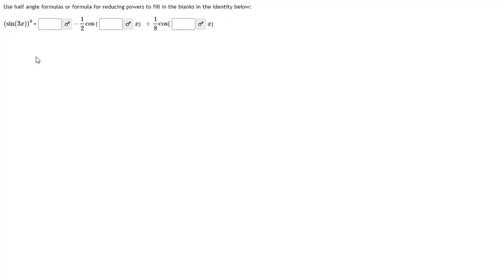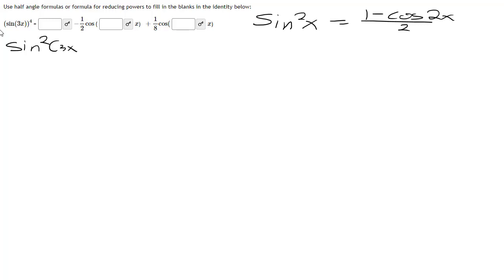Since we've got a sine function there, we're going to remind ourselves of our sine power reducing formula. That is sine squared of x reduces down to 1 minus cosine of 2x all over 2. In this case, we basically have sine squared of 3x, squared, because it's to the power of 4.